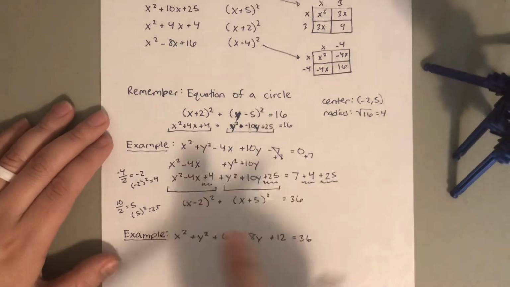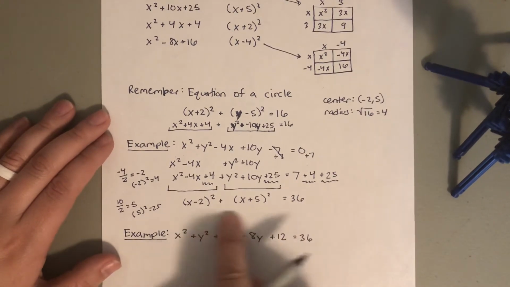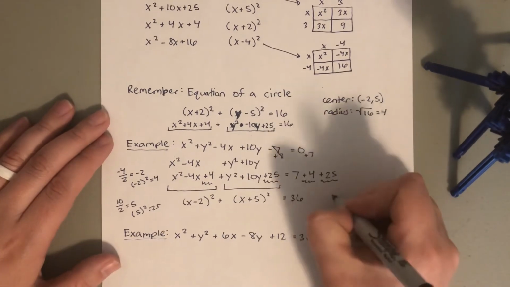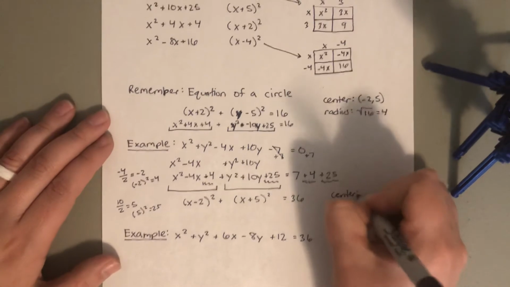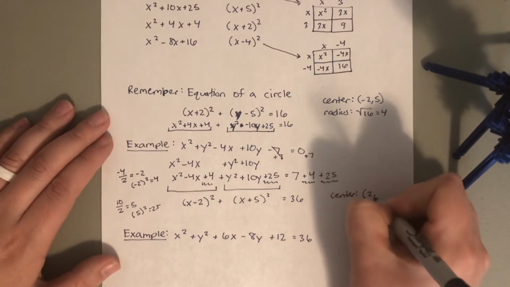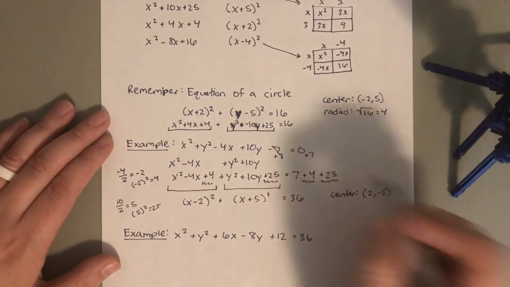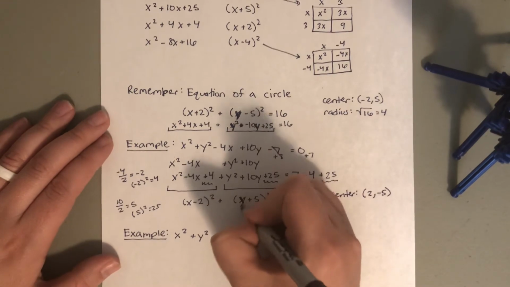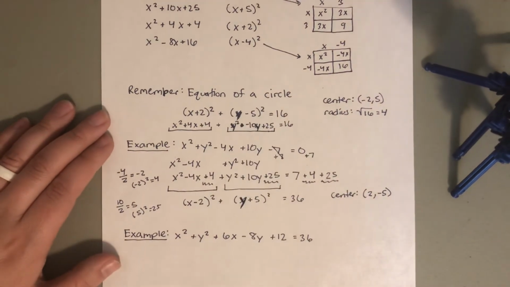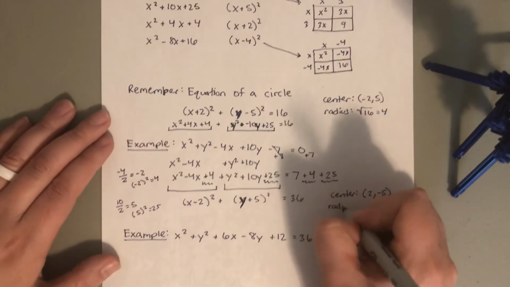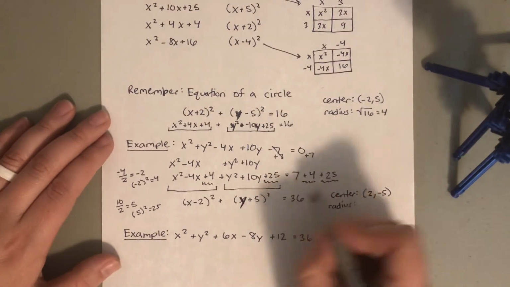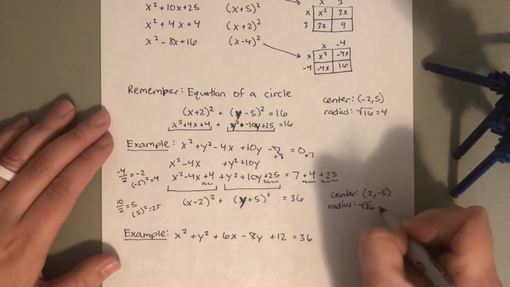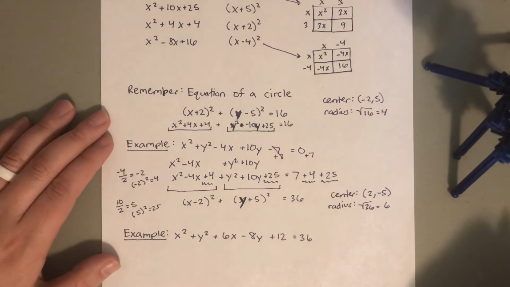So now I can see, now that it is in this wonderful and most helpful form, I know that the center is going to be a +2 and a -5. Whoops, I did it again. That should be a y. Sorry. And the radius is going to be the square root of 36, which is just 6.